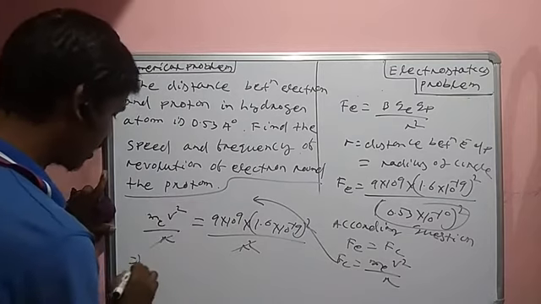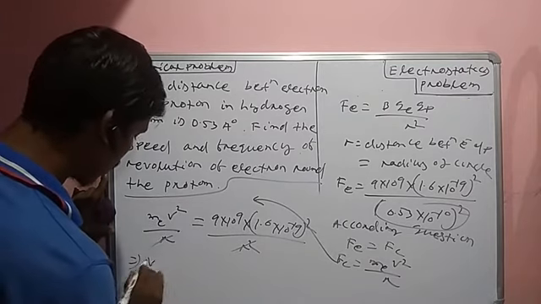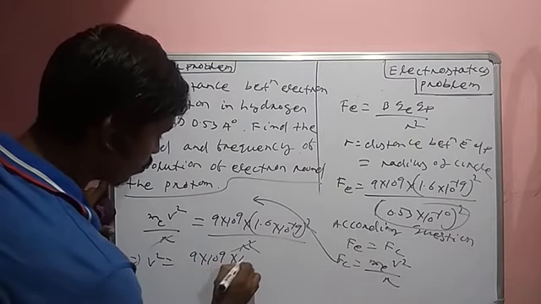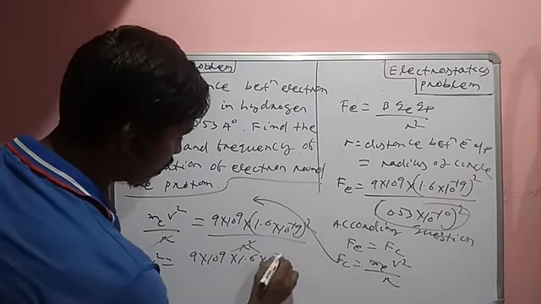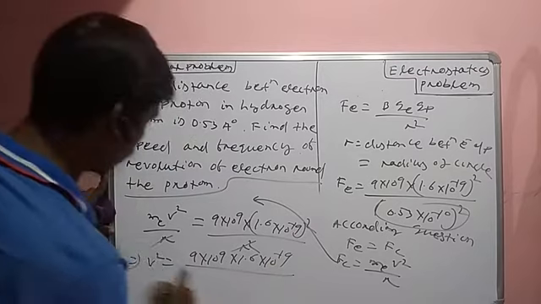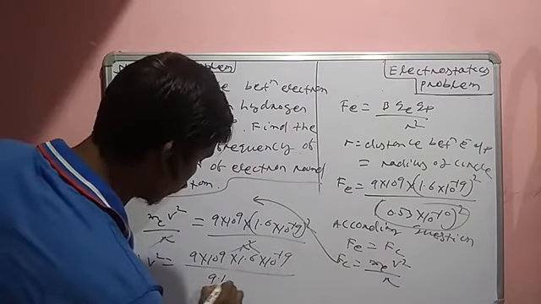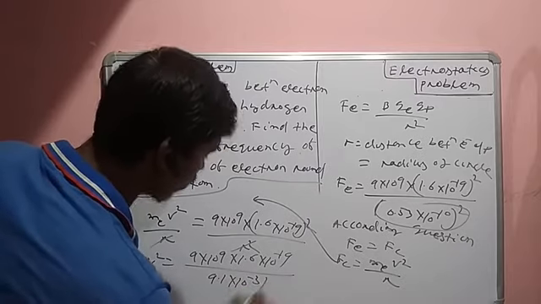Then what is velocity? v square is equal to 9 into 10 to the 9 into 1.6 into 10 to the minus 19 square divided by me, where me means the mass of the electron, whose value is 9.1 into 10 to the minus 31.